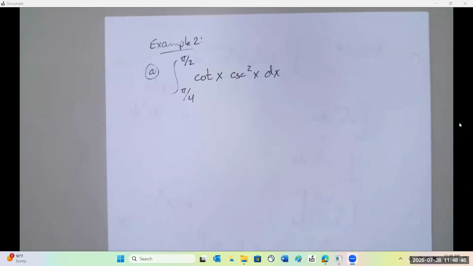What do you think about this one? Do you want to use substitution and switch the bounds, or just use substitution, work it out, and then put the numbers back in? I'll show you why this one's easier to switch over.